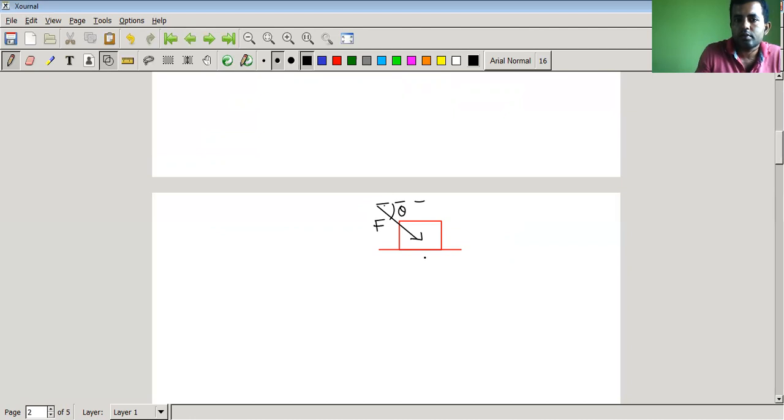This is the force, and let us say this is a rough surface. Now the question is, find the acceleration of the system.